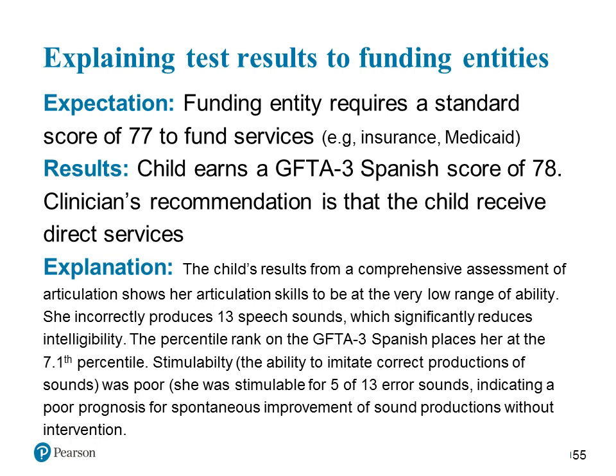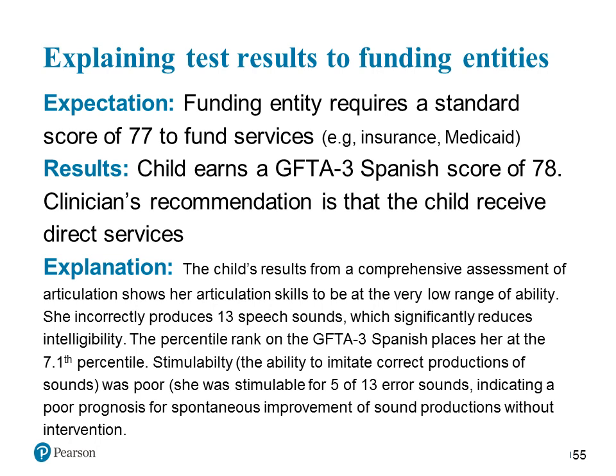The explanation: the child's results from a comprehensive assessment of articulation show her articulation skills to be at the very low range of ability. She incorrectly produces 13 speech sounds, which significantly reduces intelligibility. The percentile rank on the GFTA-3 Spanish places her at the 7.1 percentile.